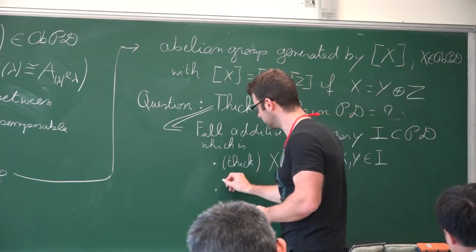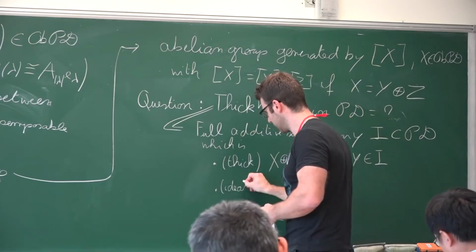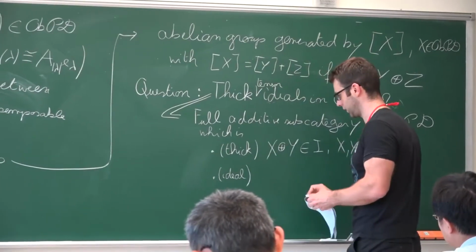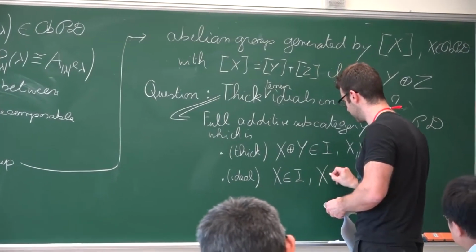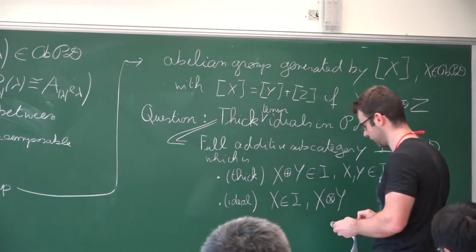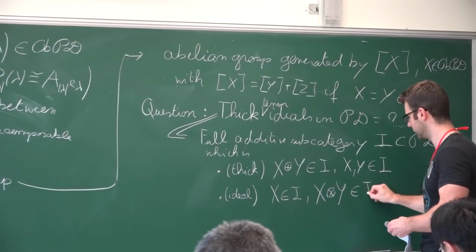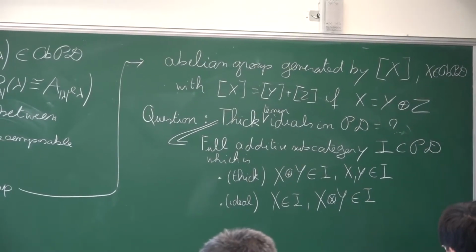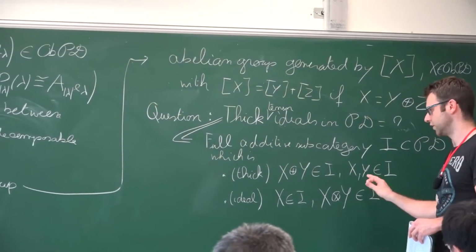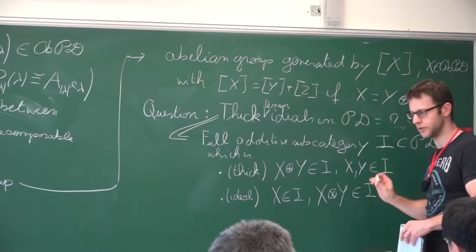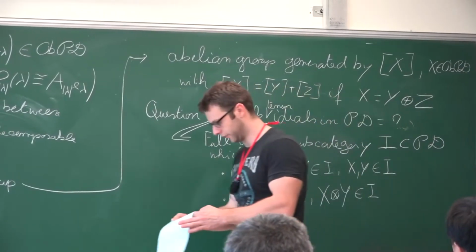And it is an ideal for the tensor in the sense that if x is in the ideal, then the tensor product of x with anything else is still in the ideal. So here we work with something which is actually symmetric or braided, so there's no notion of left or right ideal. Otherwise you could, of course, just have the analogs of all that.